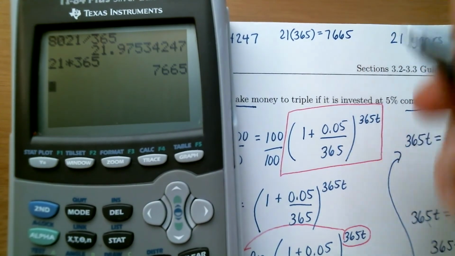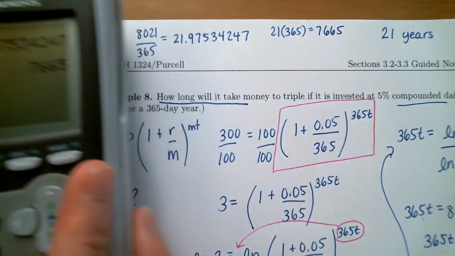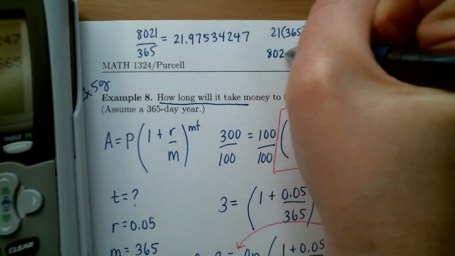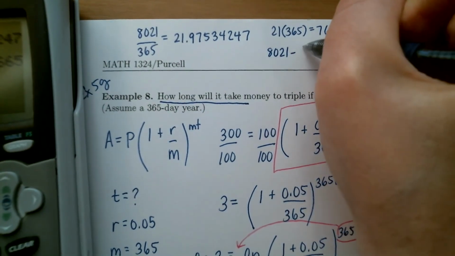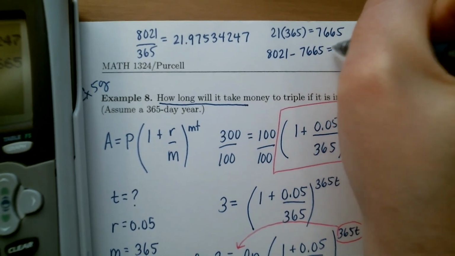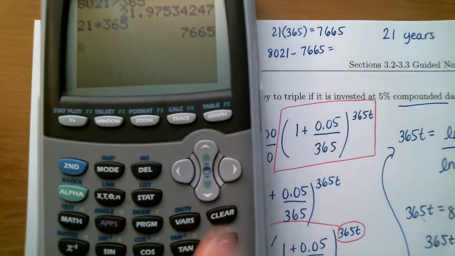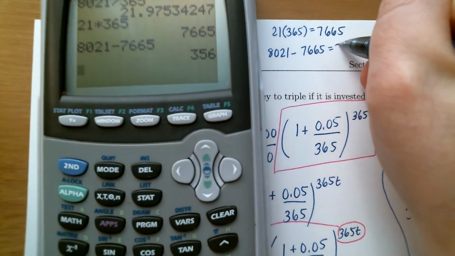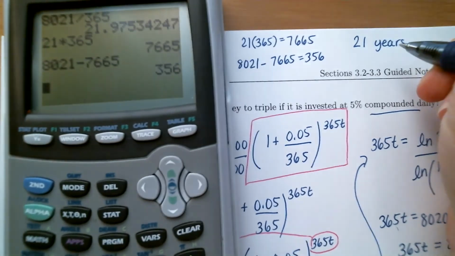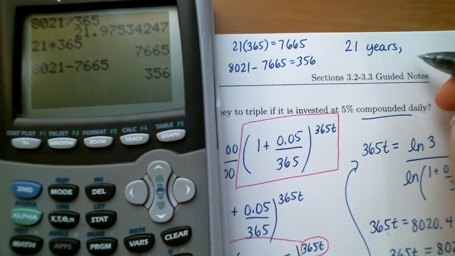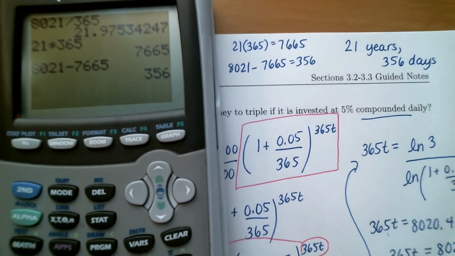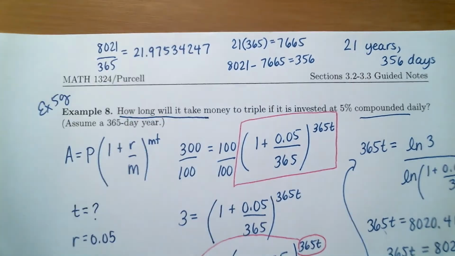So that means 21 years is 7,665 days. Then we know the total amount of time it's going to take for our money to triple is 8,021. We're going to subtract out the number of days in 21 years, and that is going to give us the number of days remaining, which is 356. So it's going to take us 21 years and 356 days, which is so close to 22 years, to triple our money.